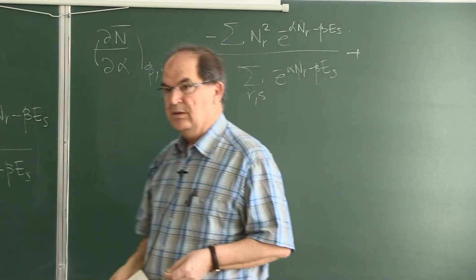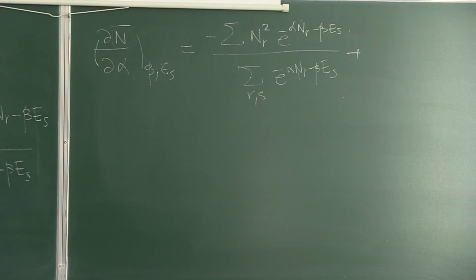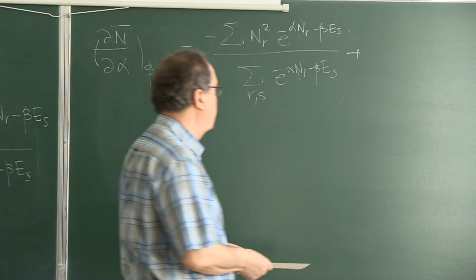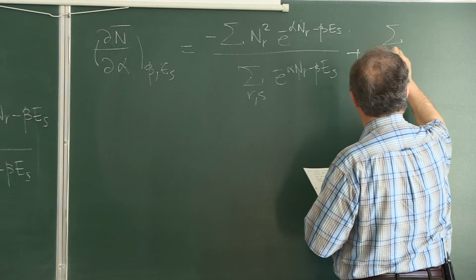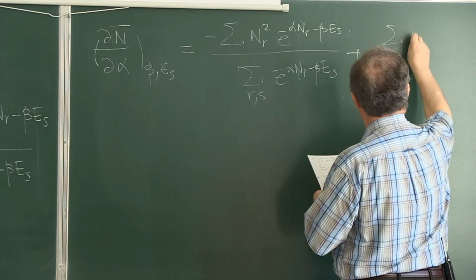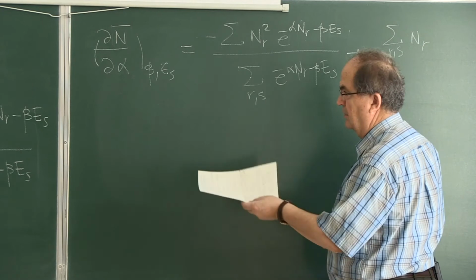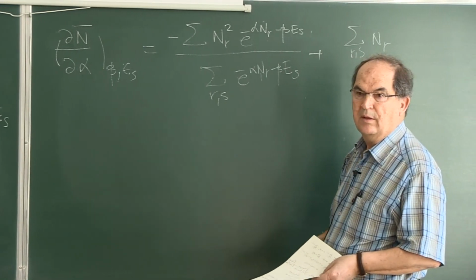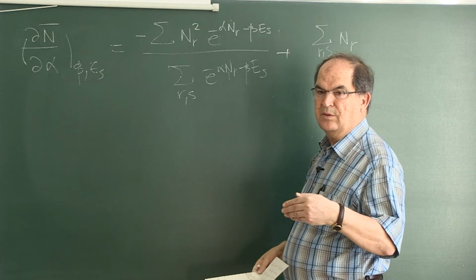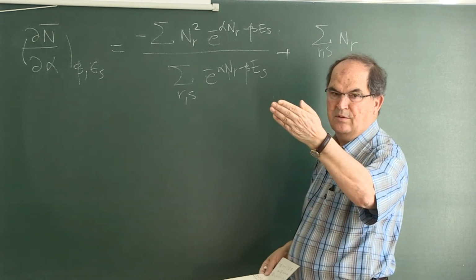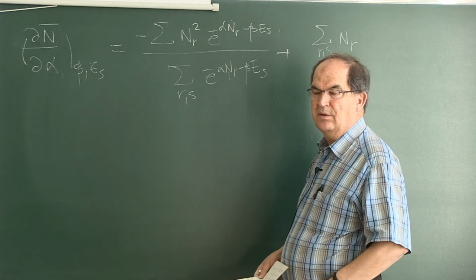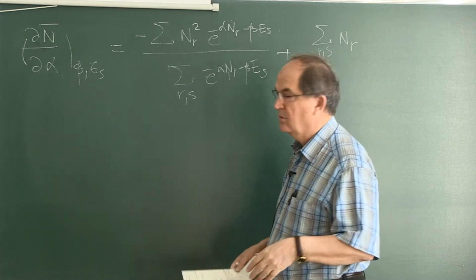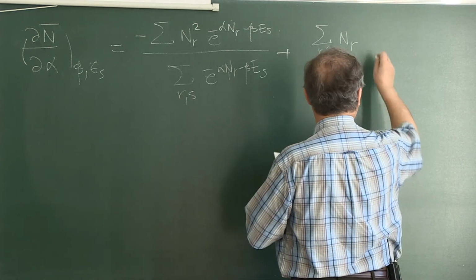Plus this first term times the derivative of 1 over the quantity. Well, that brings down an N_r if you take the derivative with respect to alpha. Since for 1 over the quantity, the derivative of the first is 0, then minus the derivative of the denominator times the first, isn't it? You know the rule, obvious.